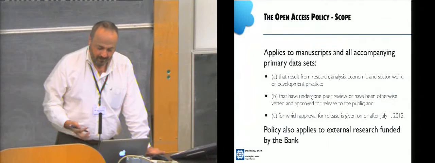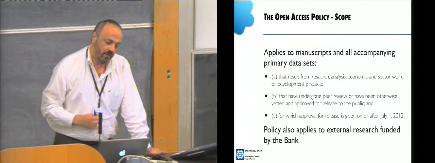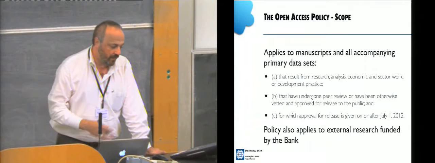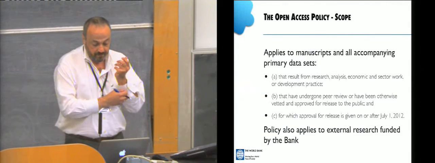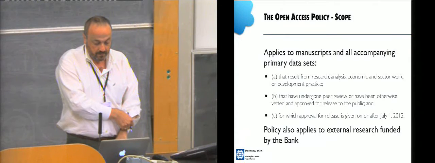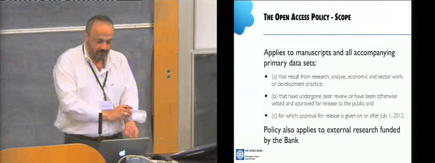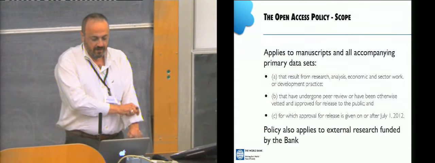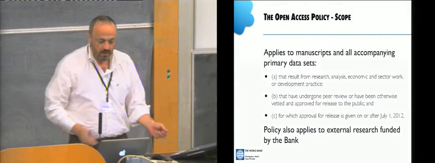So, as I said, when the World Bank makes a decision, it really makes a decision. Everything that's published by the Office of the Publisher is fully available within the open access repository. The policy also applies to externally funded research, and we are currently in discussions with various publishers about the embargoes that are associated with that material.